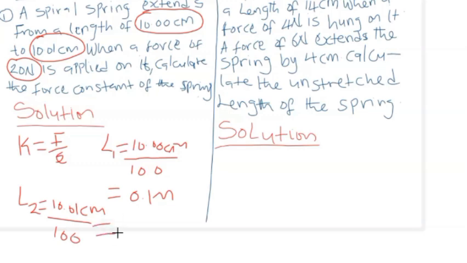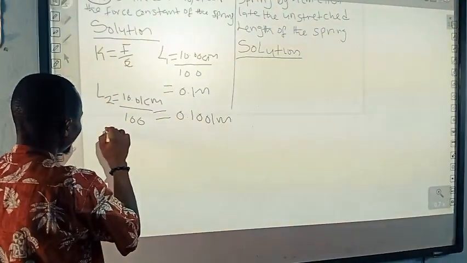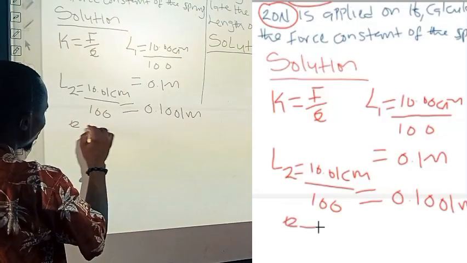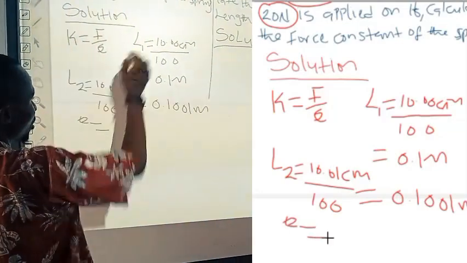So if I divide this, I am going to have 0.1001 meters. Okay, so my extension E is equal to L2 minus L1.